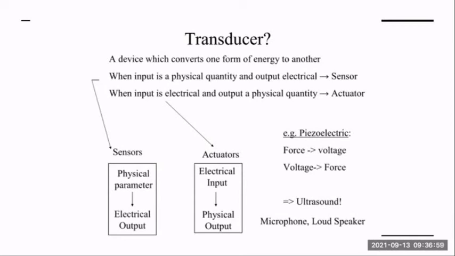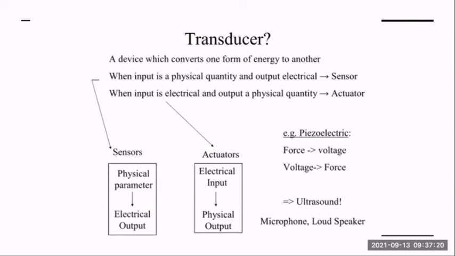When the input is a physical quantity and the output is electrical, it is called a sensor. When the input is electrical and the output is a physical quantity, that is called an actuator.